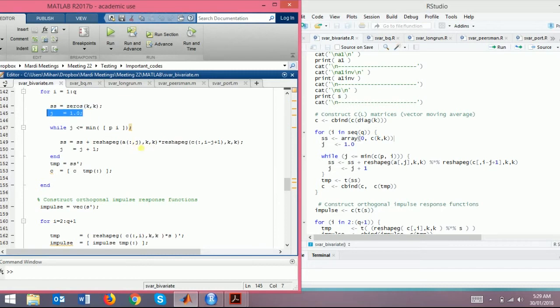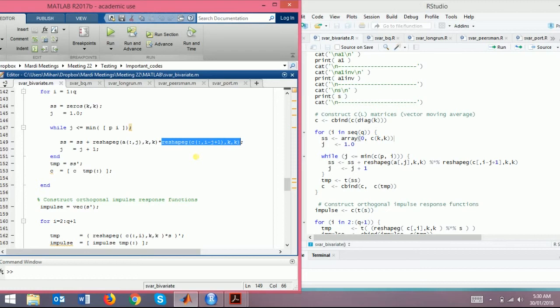So we're taking A, all rows, J columns. J is 1, first column, multiplied to reshape. So psi 1 L, right? This is psi 1. Psi 1 is the first, J is the first autoregressive parameter, reshaped. Then L is lag, I minus J plus 1. So I minus J, I was moving average parameters. We have to remember what our moving average equation is in reduced form.